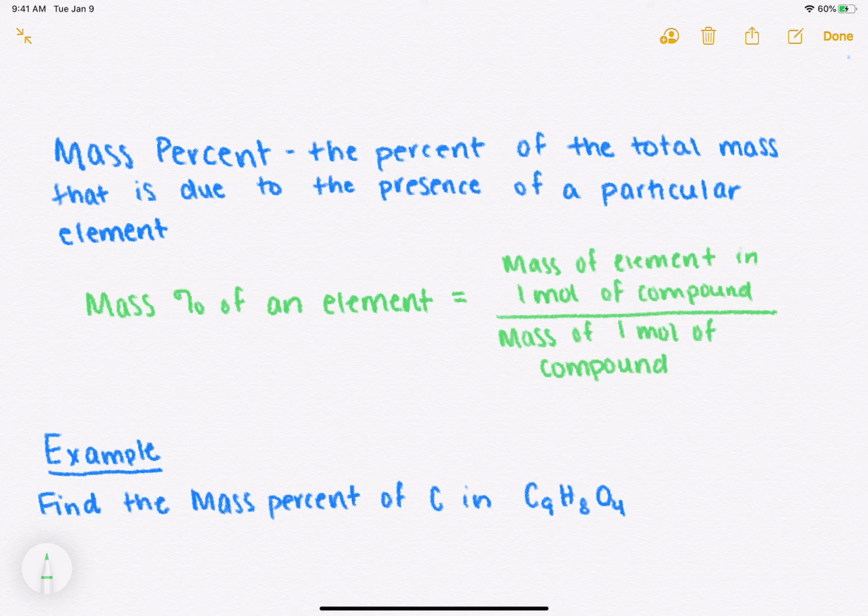And of course, that value is going to give us a decimal. So to turn it into a percent, we multiply that by 100.